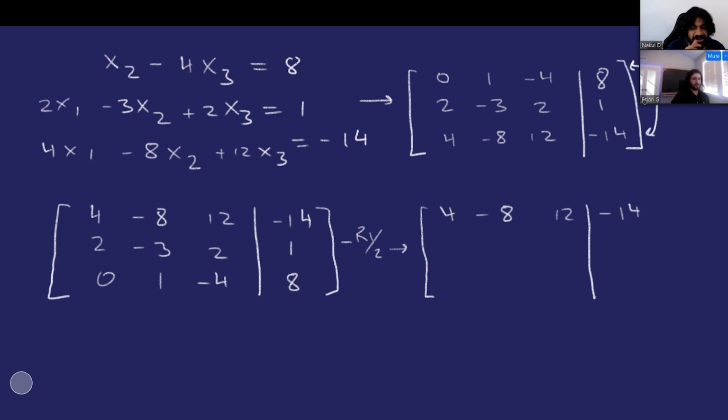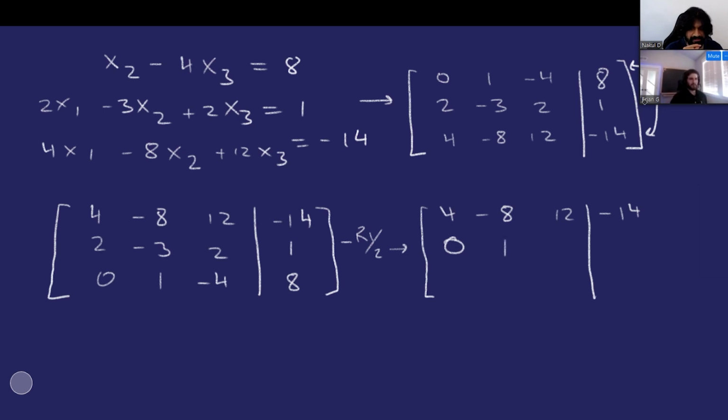What will happen to the second row? So now I'm going to multiply each of these first numbers by half and then subtract them from the corresponding indexes of the second row. Good. So it would be 2 minus 4 over 2, so 2 minus 2 is 0, which is what we were going for. And it would be -3 minus -4. It's going to be 1.